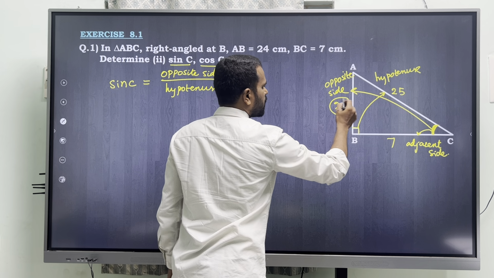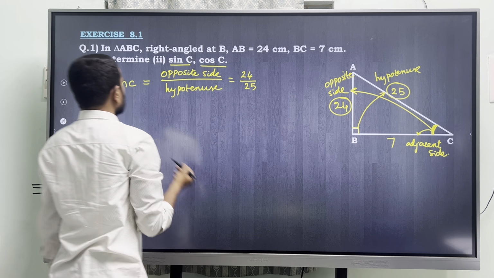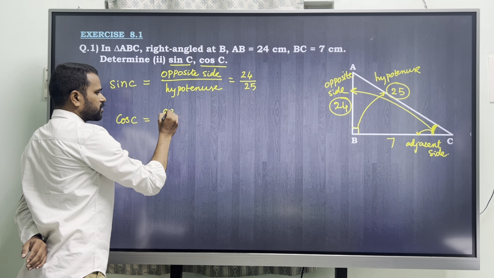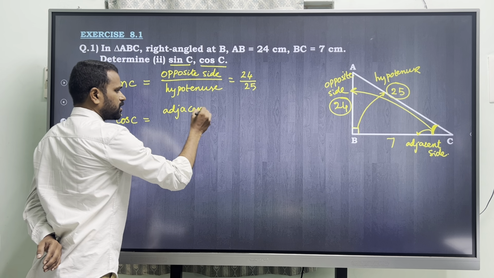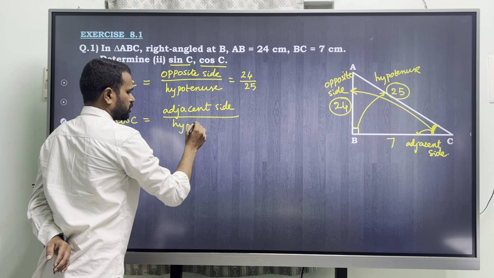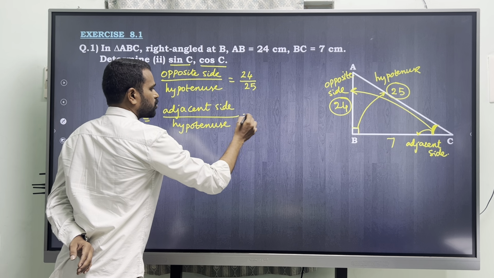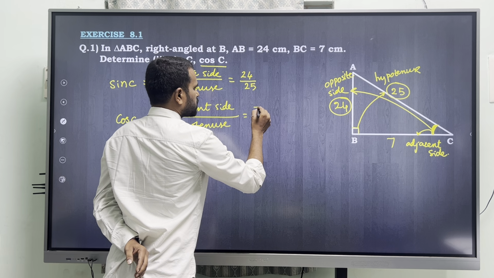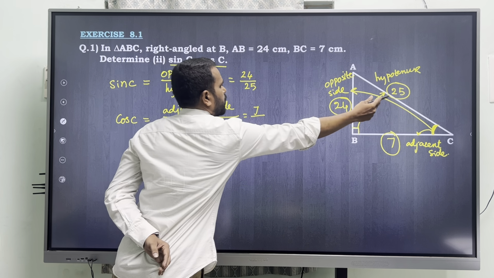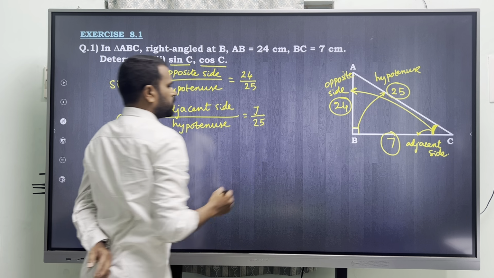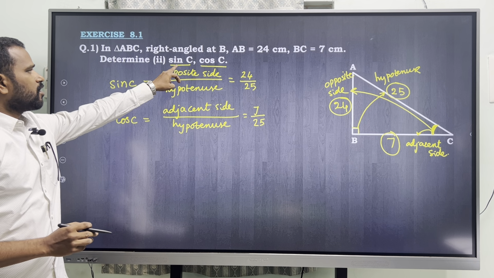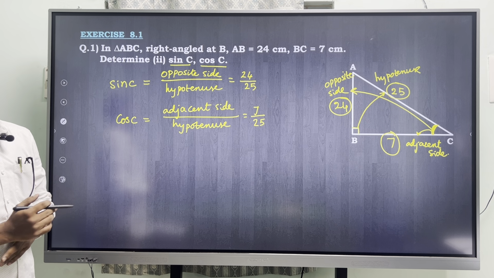Next, cos C. The definition of cos C is adjacent side by hypotenuse. The adjacent side is 7 upon hypotenuse 25. So this is how we found the trigonometric ratios of angle C.